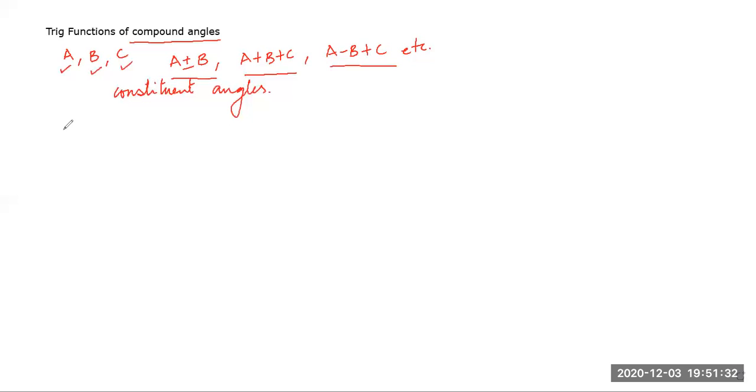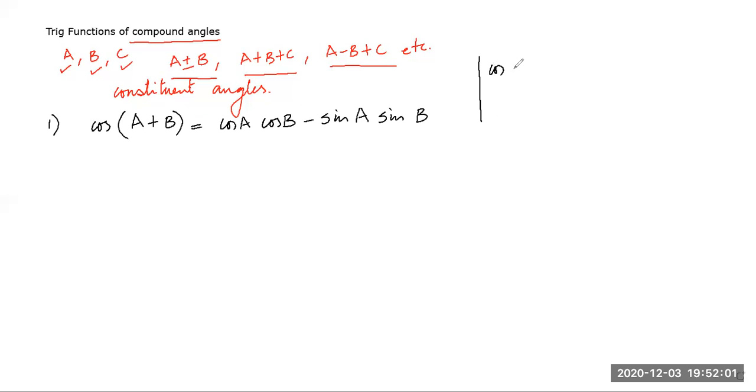So first is formula number one, that is cos of A plus B. Well, that is equal to cos A cos B minus sin A sin B. You can also verify this. We will not verify all.